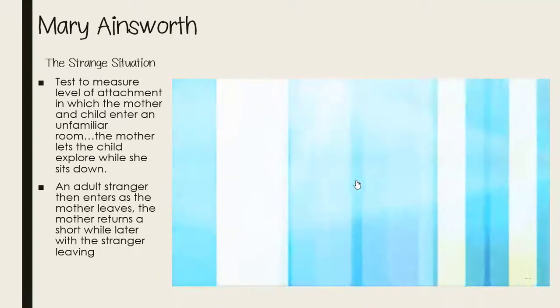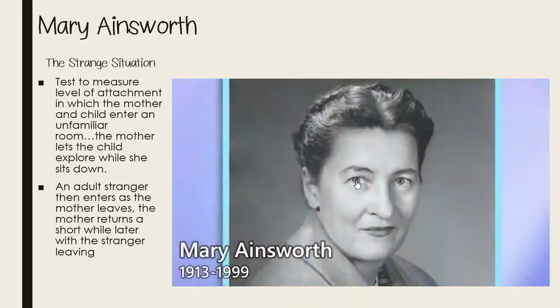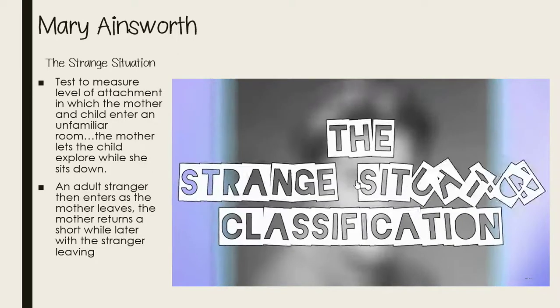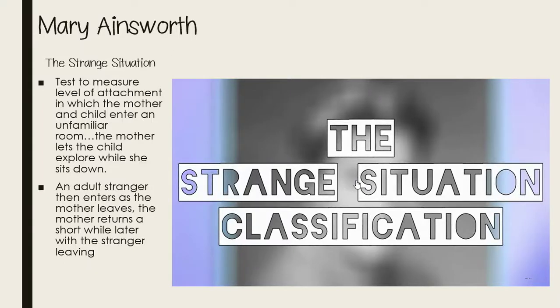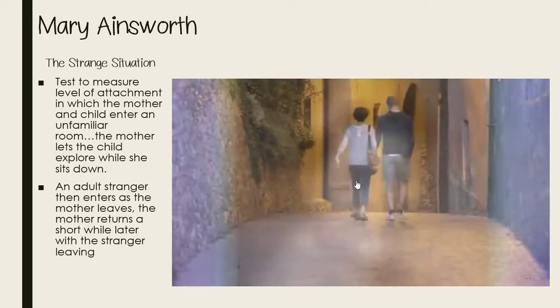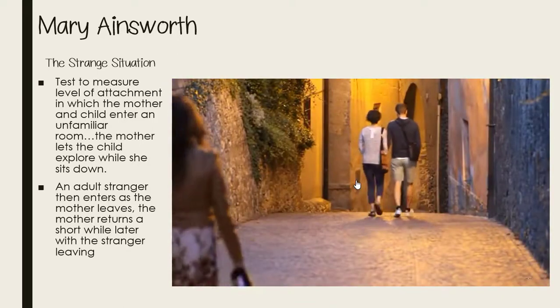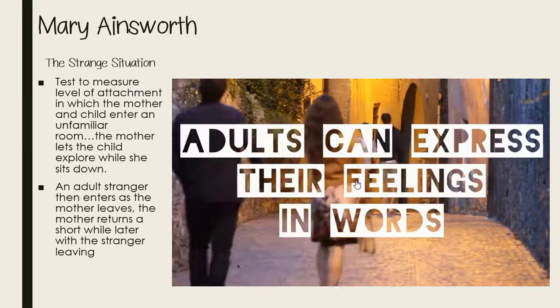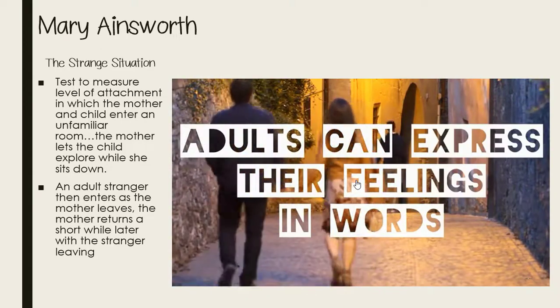In 1969, American psychologist Mary Ainsworth gave developmental psychology a new procedure for studying attachment in infants. She called it the strange situation classification, and it's widely referred to as simply the strange situation. As an adult, you know when you've formed an attachment with someone, you know how it feels, and you know how to express your feelings in words.